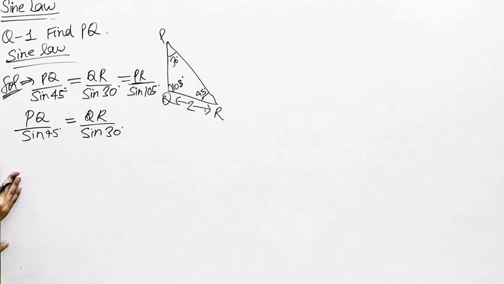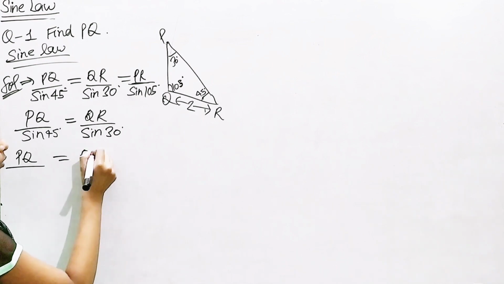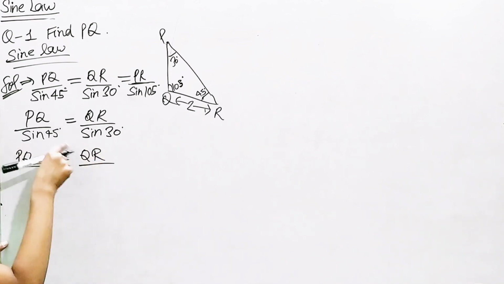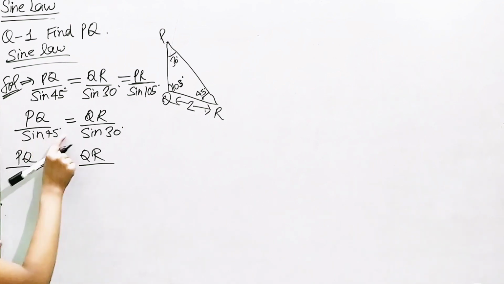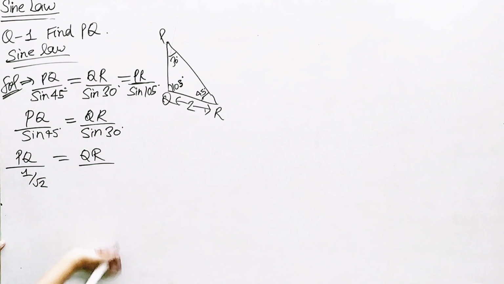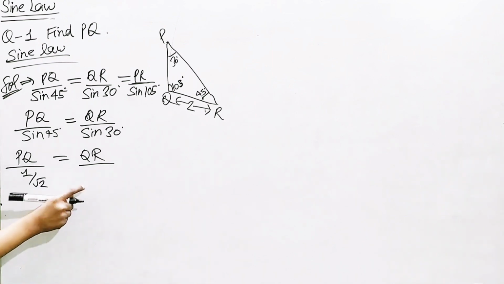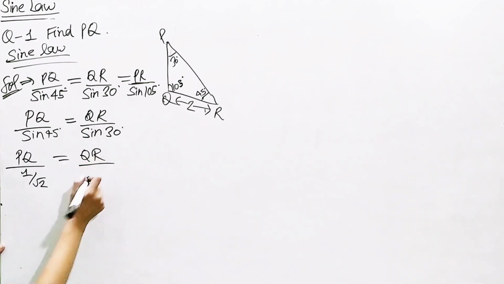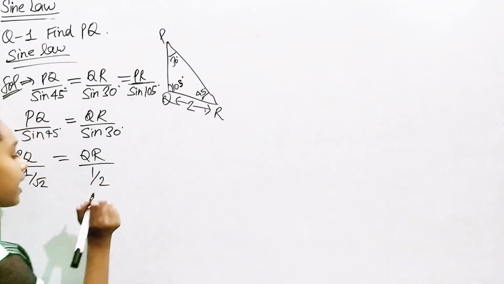Is it clear? Sine 45 degrees equals 1 by root 2, and sine 30 degrees equals 1 by 2.